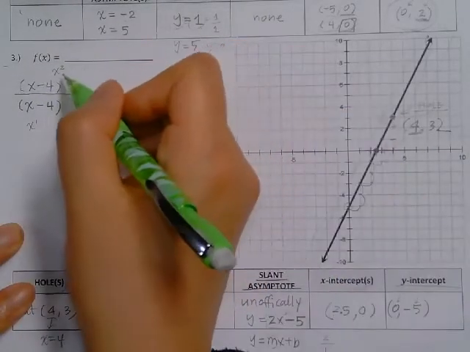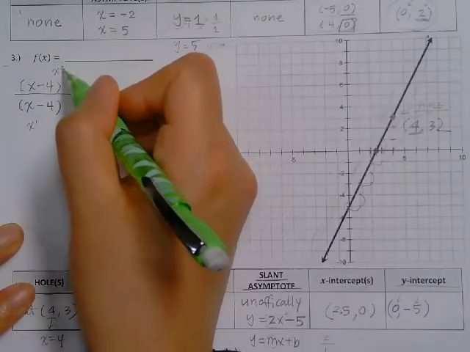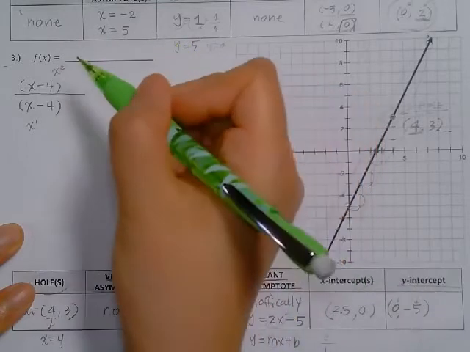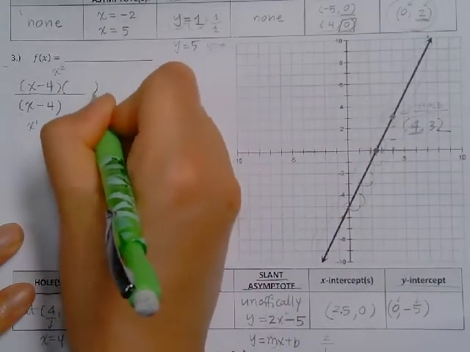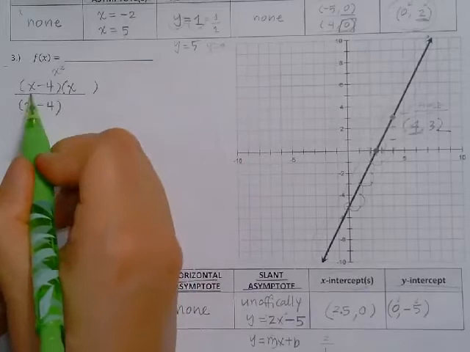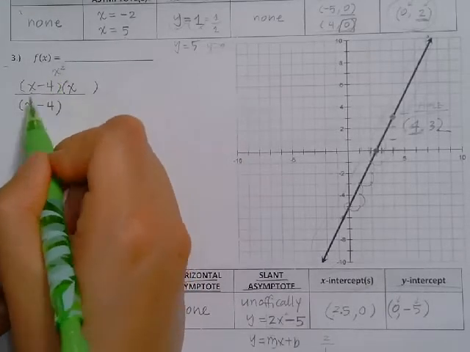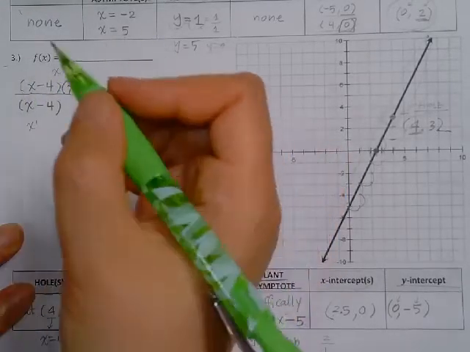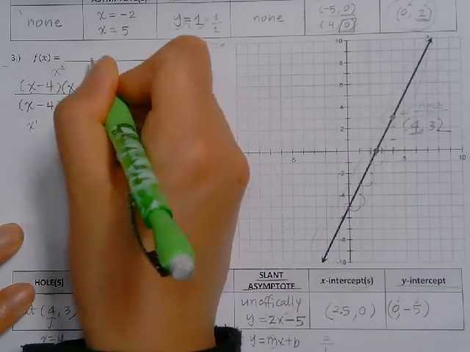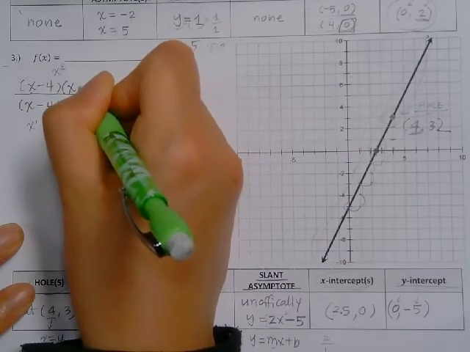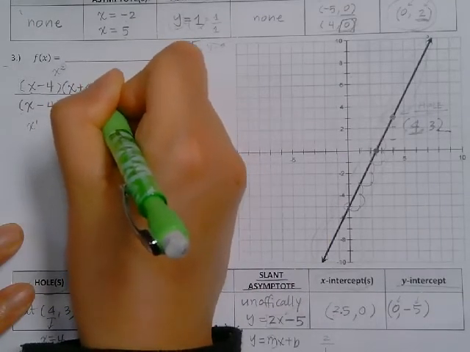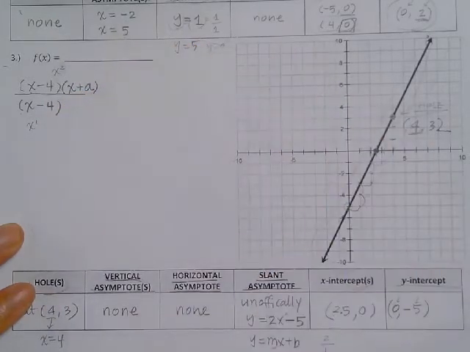Then in order to have the highest degree on top to be 2, I need to have another factor, x, so that x times x will make x squared eventually on top. But I don't know what value I could have here, so I'm just going to make it plus a for now.